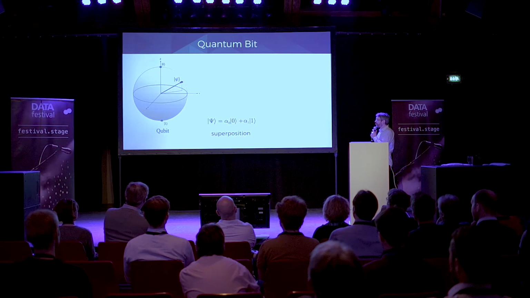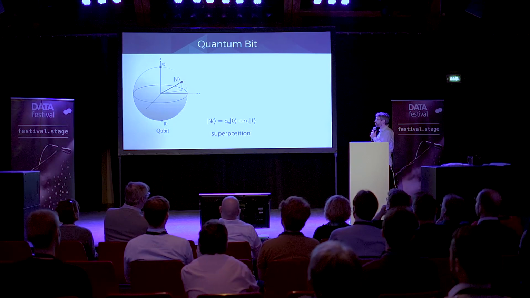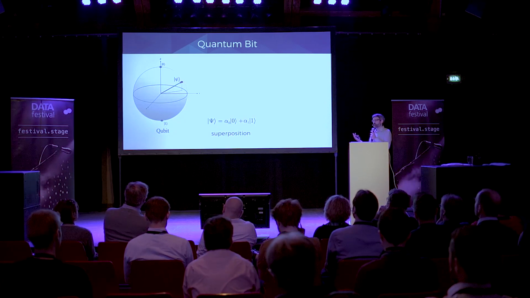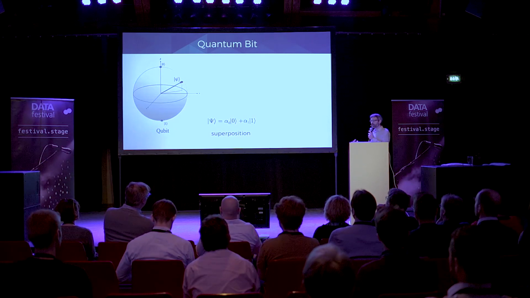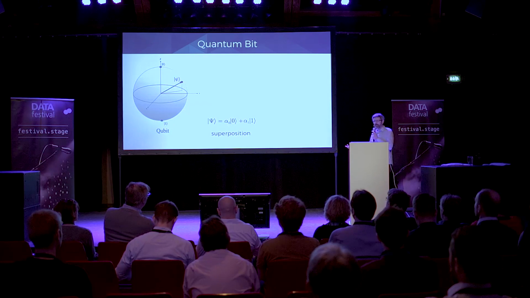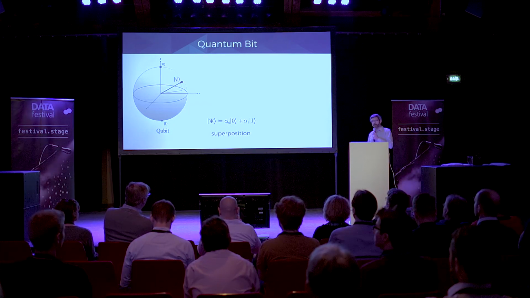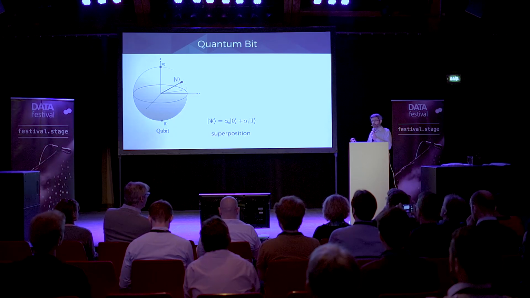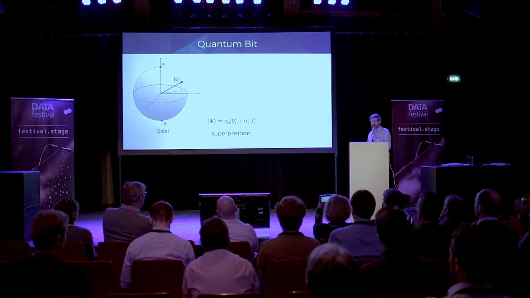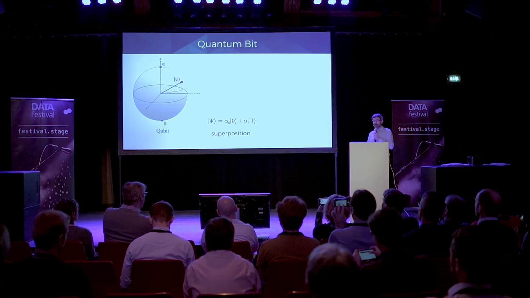Mathematically speaking, this state is a linear combination of these 2 states. So it's mixing these states. You could say at some point it's 0 and 1 at the same time, some kind of mixture. So it could be 20% 0, 80% 1, or the other way around. And that's the most interesting point, and something that, as we will see in the next slides, boosts this kind of computation power to a completely new level.